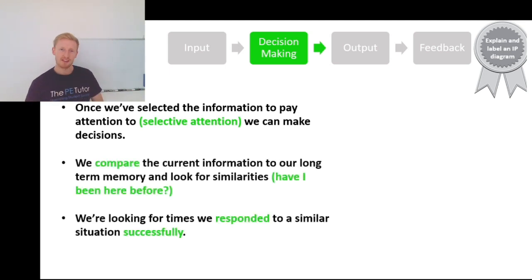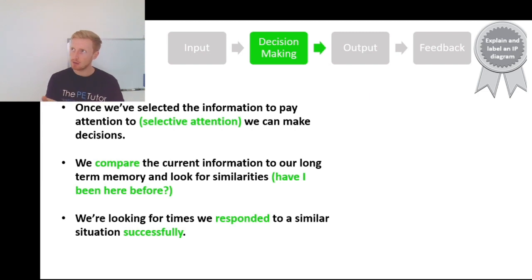In order to actually go from taking information in and producing an outcome, we have to make a decision, but based on what? Well, it's our past. We ask ourselves the question, that one in the middle section there, have I been here before?